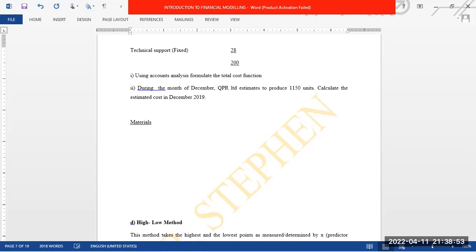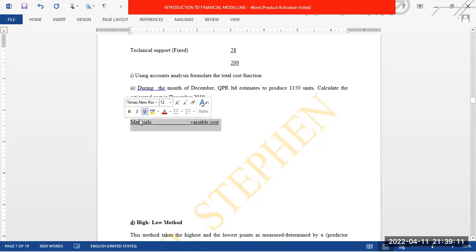After materials, you can write variable costs, which is here.